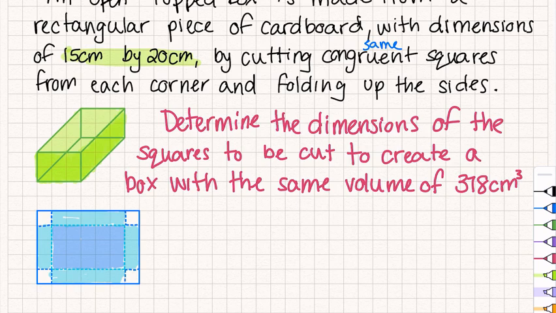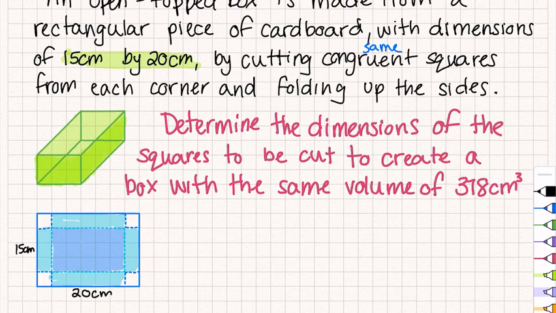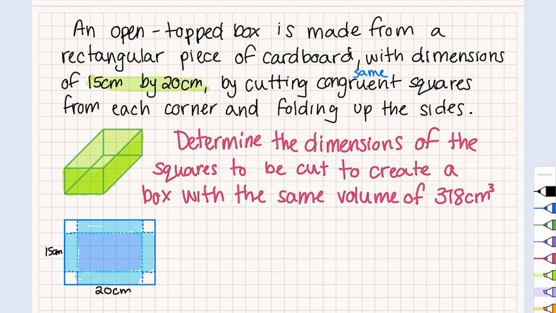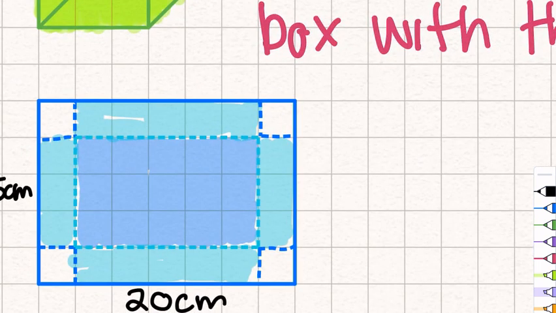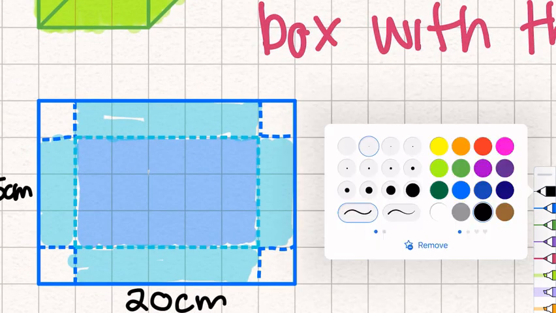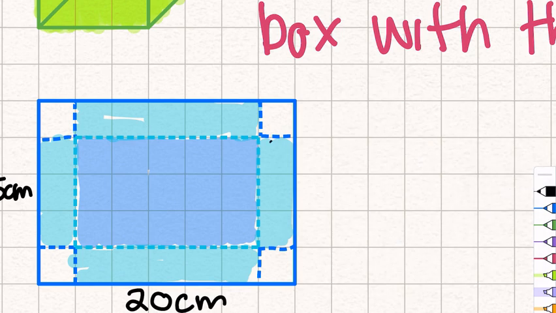So we're told that the box has dimensions of 20 centimeters by 15 centimeters. Okay, that does include the part that we're cutting out. Now we're going to cut out congruent squares. We don't know the length of those squares, the dimensions. So what we can do for now is just label the dimensions of the squares as x by x.